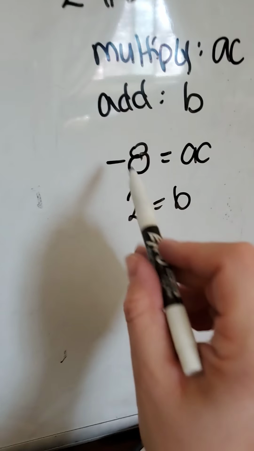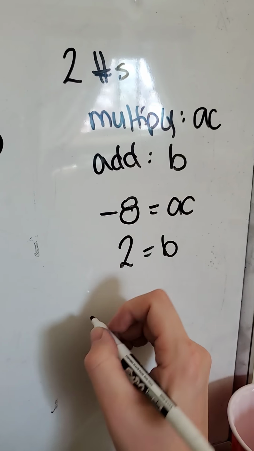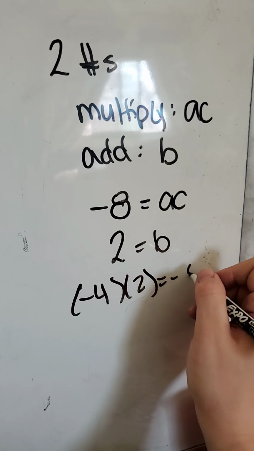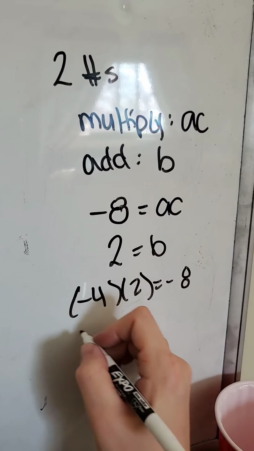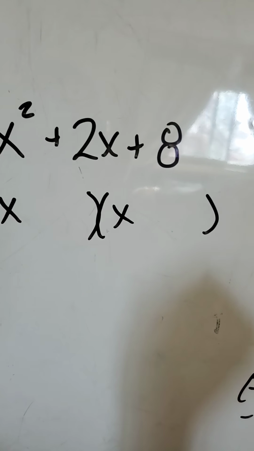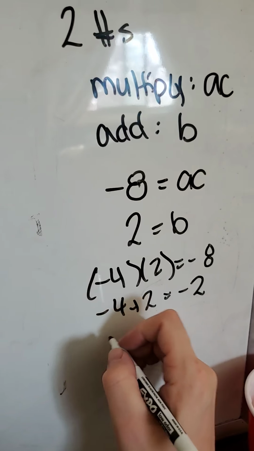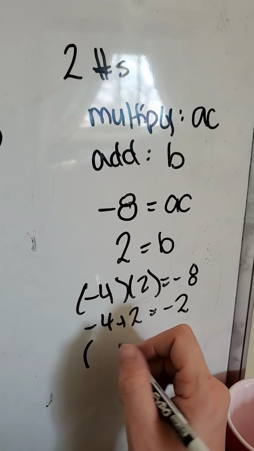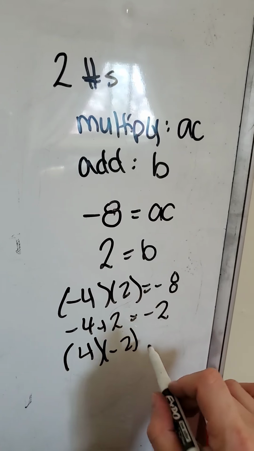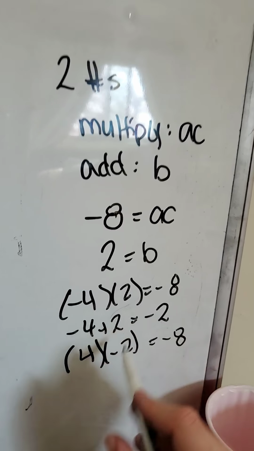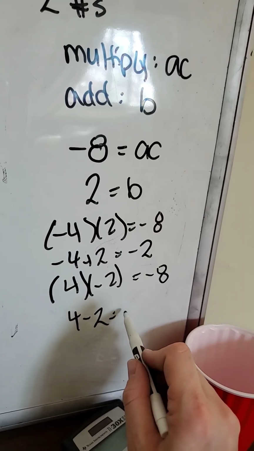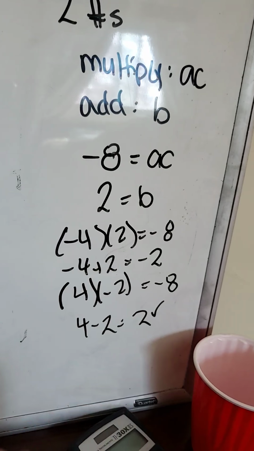Okay, what two numbers multiply together to get negative 8? Well, negative 4 times 2 is negative 8, but negative 4 plus 2 is negative 2, and we want B to be positive. So the only other two numbers that'll work are positive 4 and negative 2, which multiply to negative 8, and 4 minus 2 equals 2, which works.